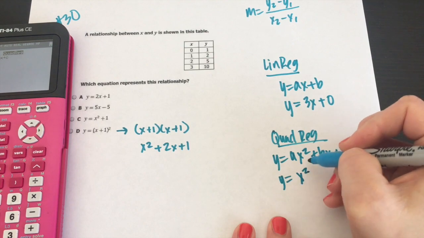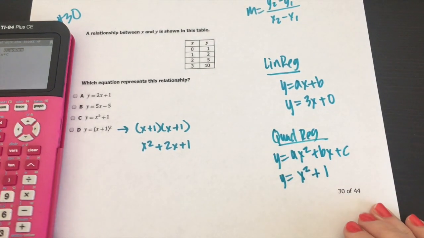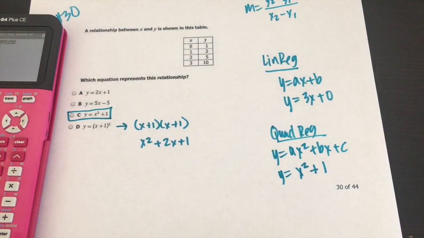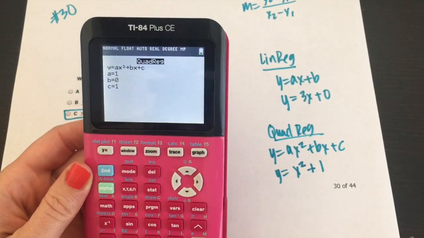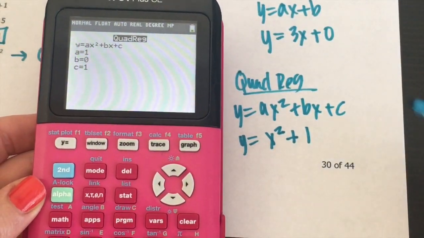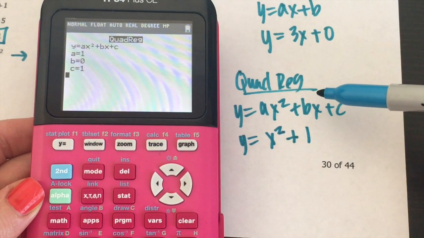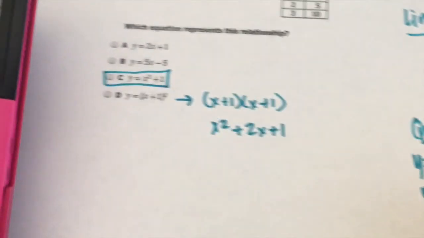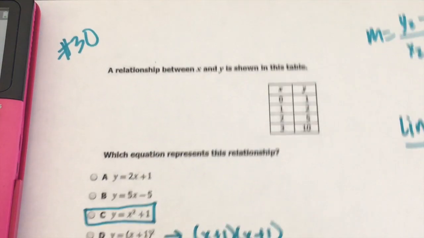Oh, 1 plus 1. And there we are. It's C. Do you see our problem? Notice when we look here, it says a is 1, so look at what I wrote. A is 1, so I did not write it. B is 0, so you wouldn't write anything for that term, and then c is equal to 1, and that is listed right there. So there's our answer, C, for 30.